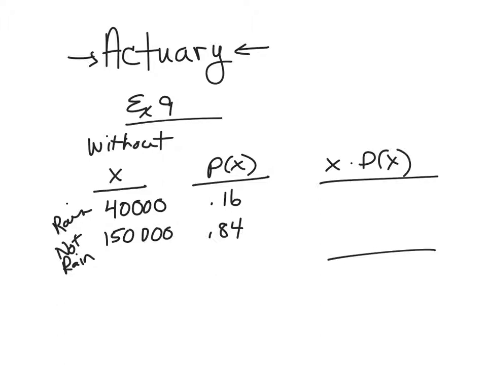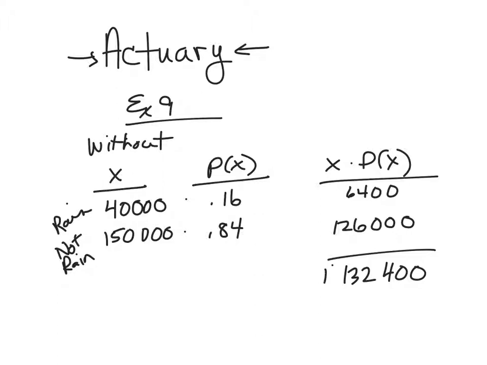Okay, so if we multiply those according to your book, 40,000 times 0.16 is $6,400. And 150,000 times 0.84 is $126,000. So his expected value without insurance is $132,400.